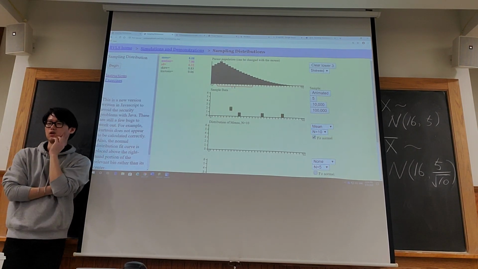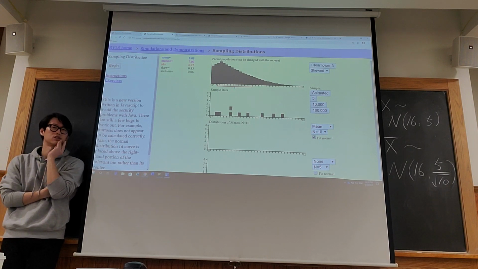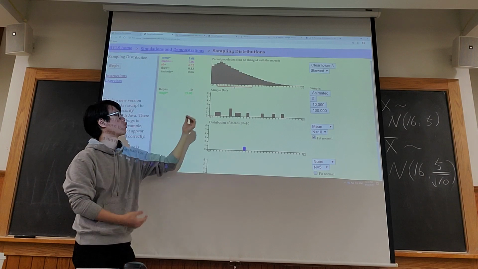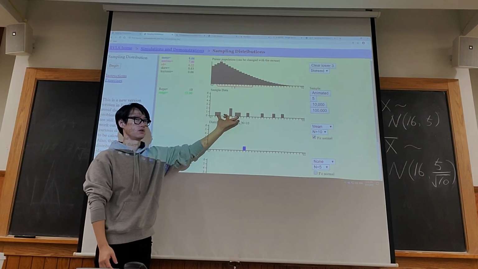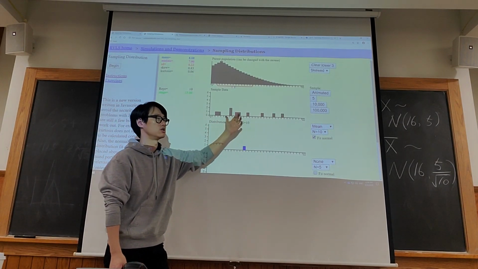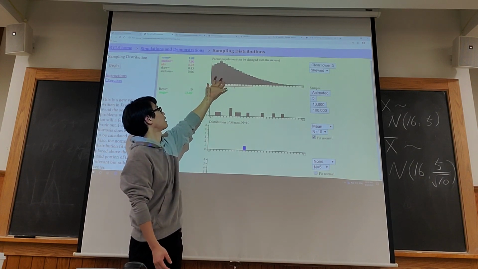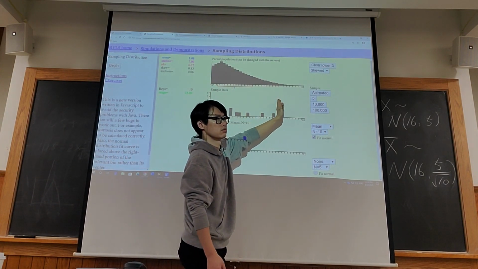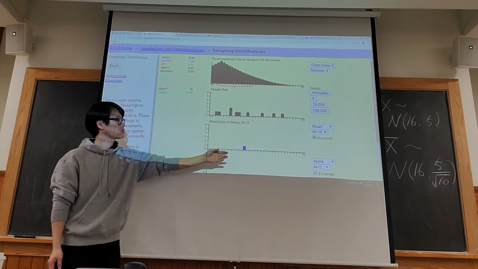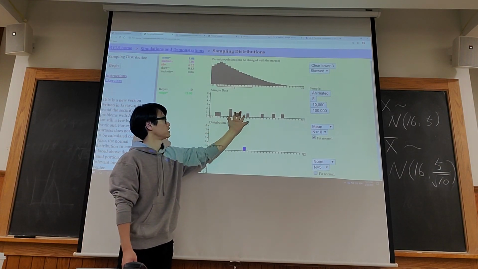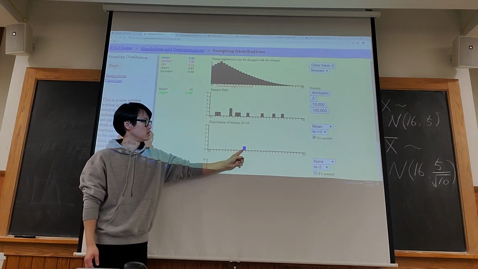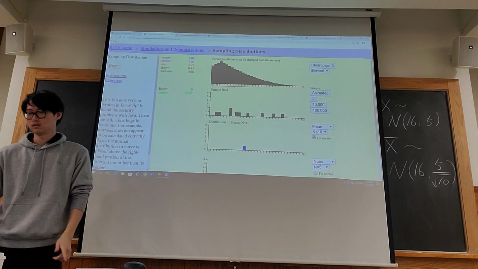Since the distribution is skewed to the right, I'm going to have more observations here than this part, because basically I have a higher chance to see observations around here than this one, right? So I got more observations here than this part, and my sample mean is that blue box.